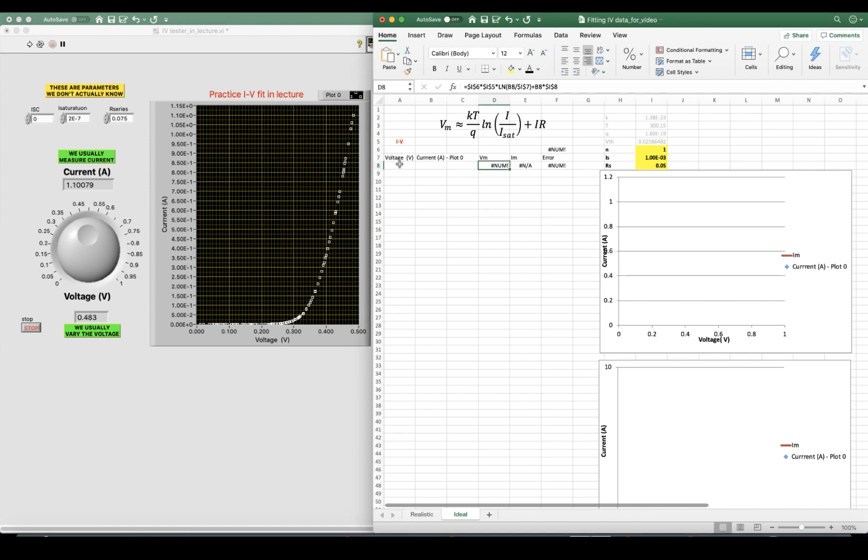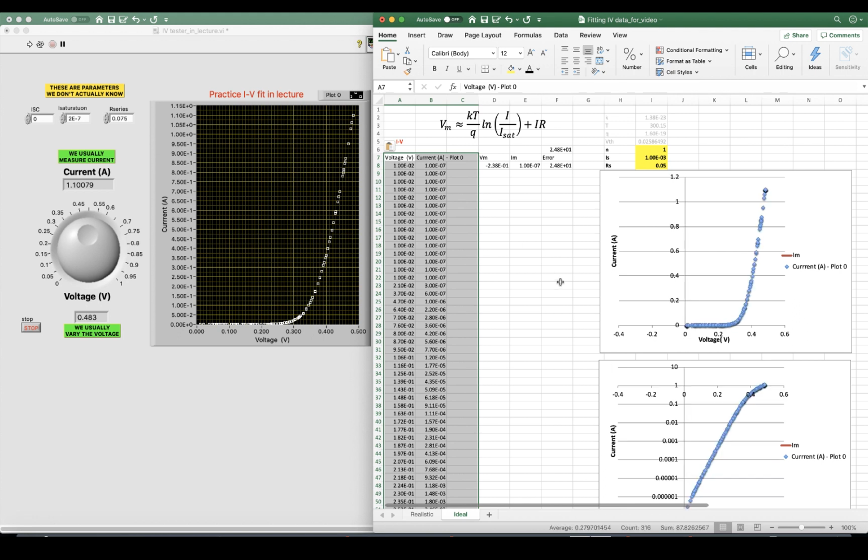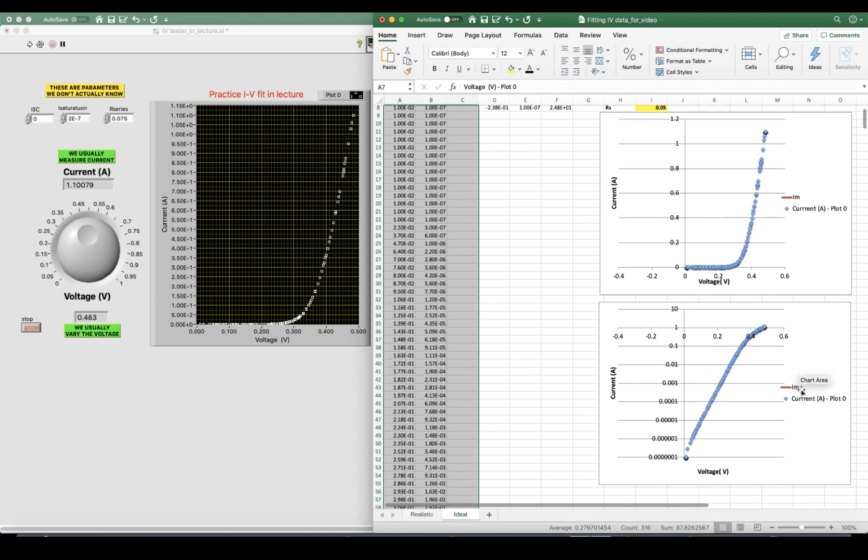So that's what I'm going to do here. I'm going to plot it onto Excel, and what you can see is now I have the same data that I generated in my IV measurement setup, completely plotted in a linear scale as well as a semi-log scale.